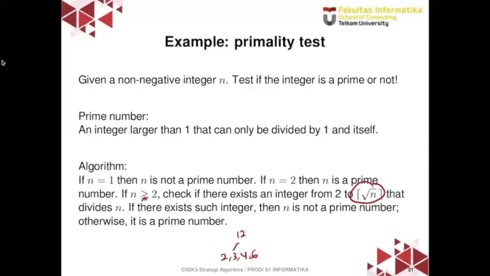And so we can have divisors paired like this: if we have 3, we must have 4, and if we have 2, then we have 6. Also, if we have 9, then the factor is 3, and 3 is paired with itself basically. So we just need to check from 2 until square root n, taking the larger integer of that.